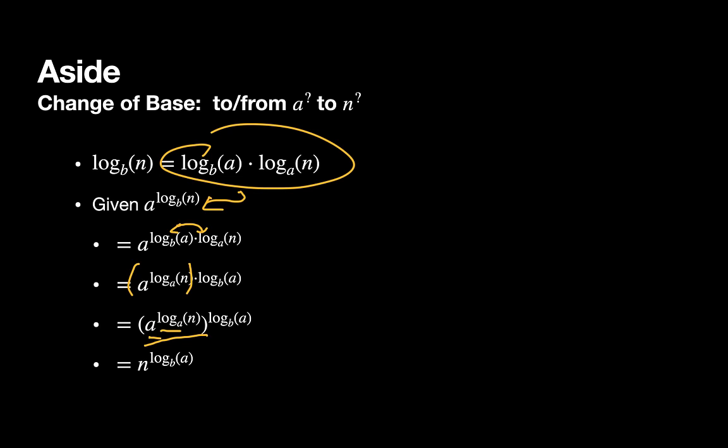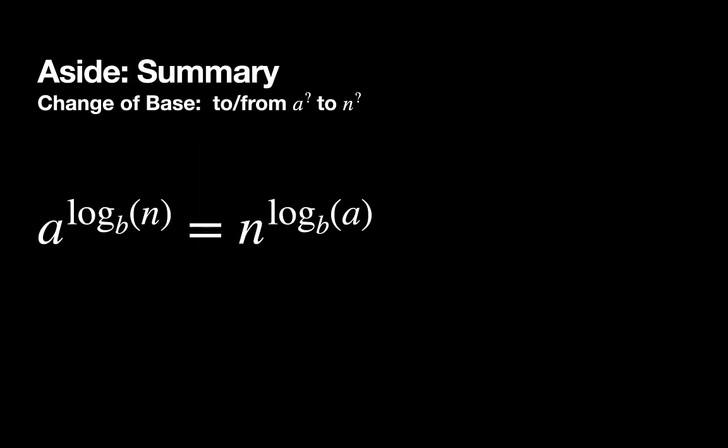So this basically results in just n to the log base b of a. So when it's all said and done, the important part there is, starting from here, we can show that it's equivalent to that. So a to the log base b of n is equal to n to the log base b of a. Notice that log base b of a thing, our critical factor.